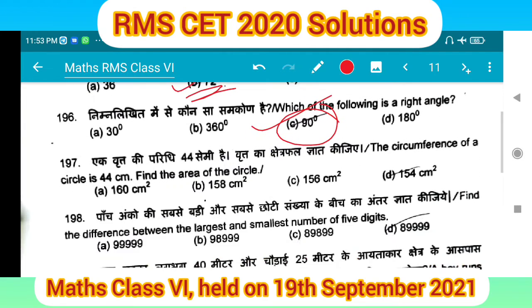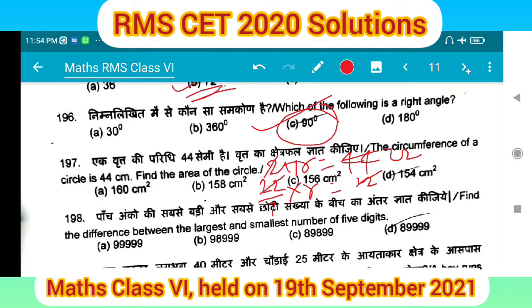Okay. The circumference of a circle is 44 centimeters. Circumference means 2 pi r. 2 pi r is given to us as 44 centimeters. Okay. So 2 ones are 2, 22. Here pi is equal to 22 by 7. So 22 by 7 into r is equal to 22. This 22 gets cancelled.